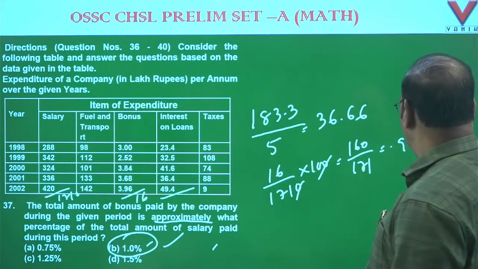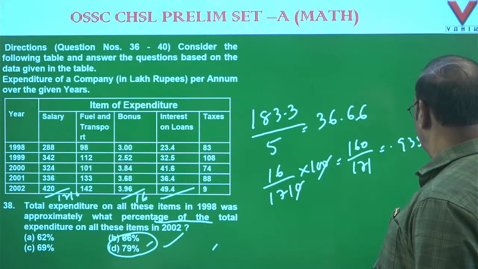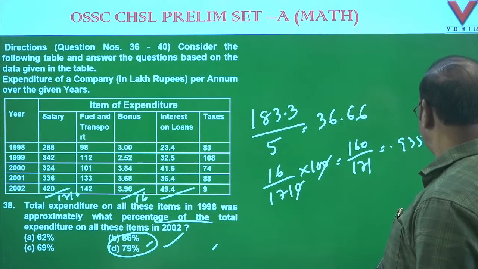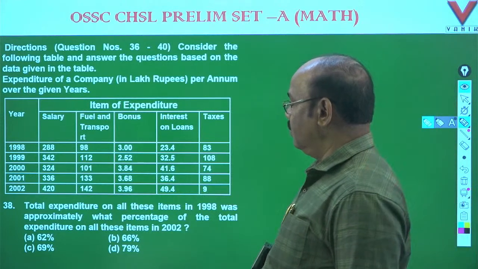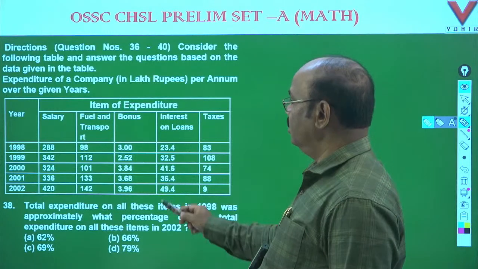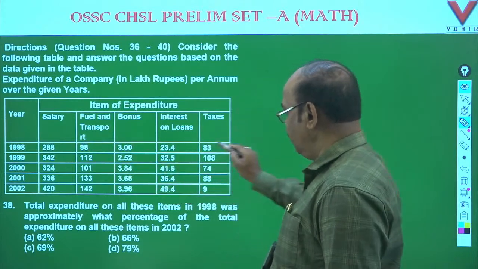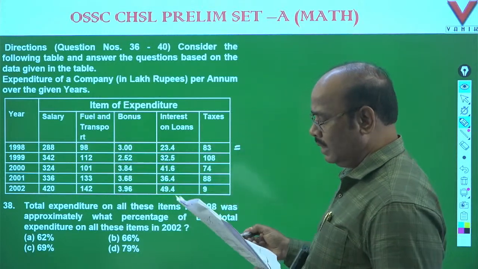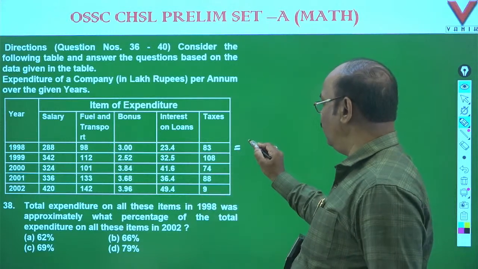Next question number 38, on the same data. Total expenditure on all these items in 98, summing up, is 495.4.